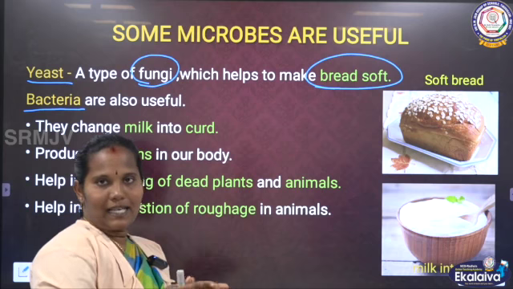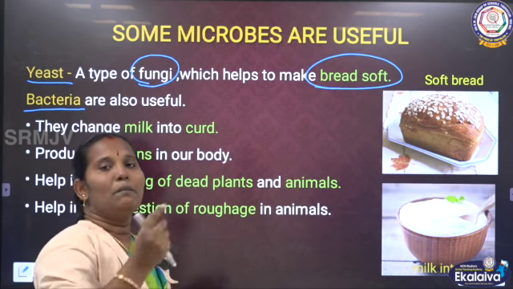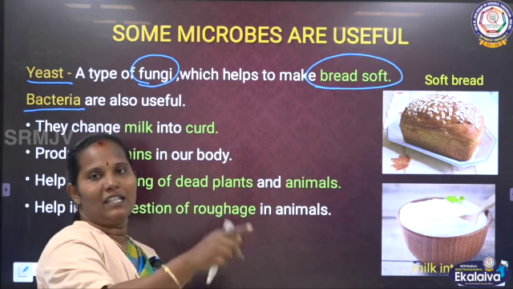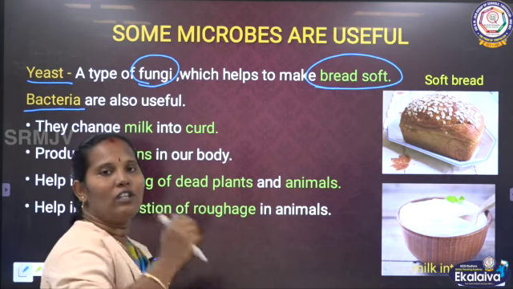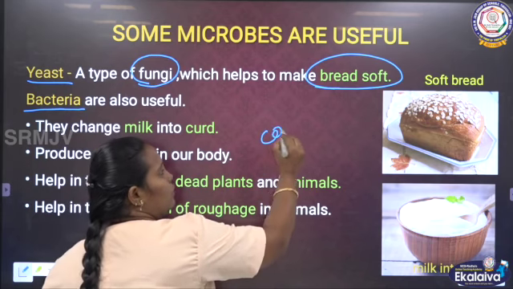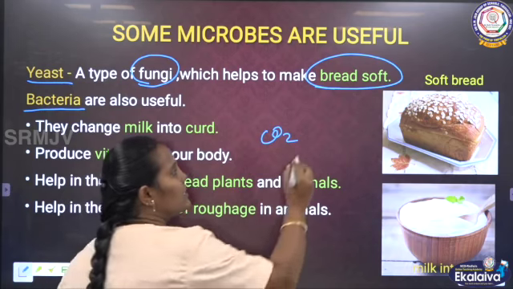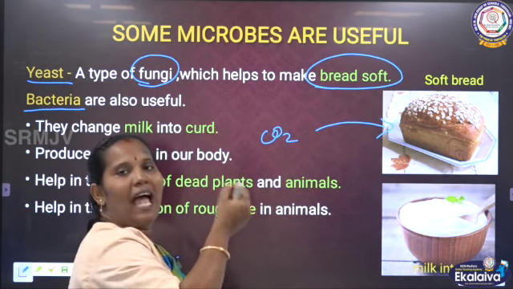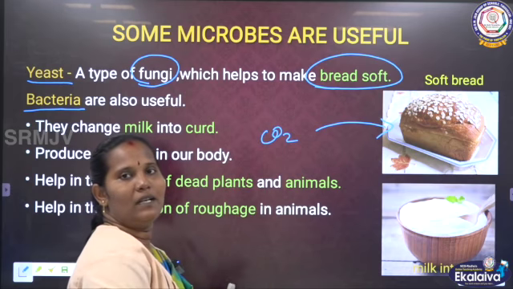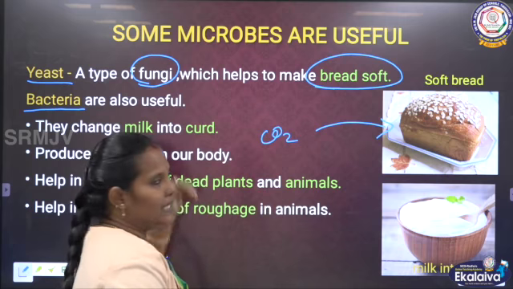If you cut slices of the bread, we can see some holes there, because the yeast does respiration. During respiration they let out carbon dioxide. This carbon dioxide makes the bread fluffy and soft, because of the air holes. That's why the bread is fluffy and soft. Clear? These are the uses of yeast.